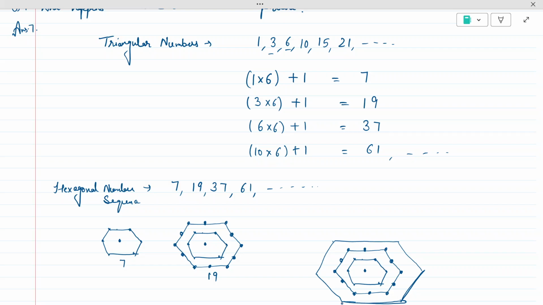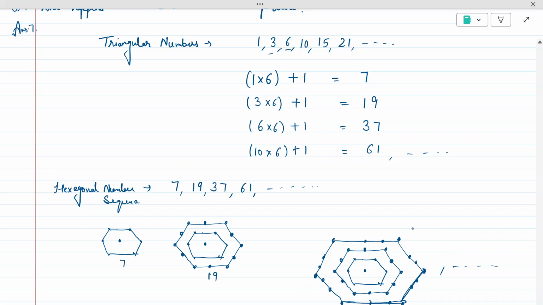Just one corner. So we have 1, 2, 3, 4, 5, 6. 18 dots we have to add. 7, 8, 9, 10, 11, 12, 13, 14, 15, 16, 17, 18. Okay, so this is 37 and it will go on increasing.